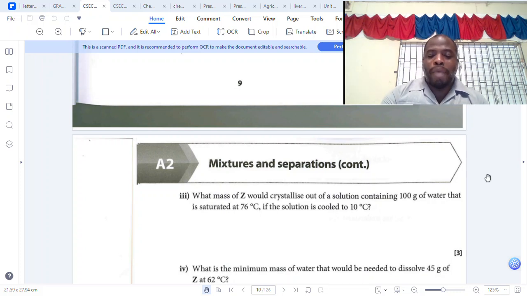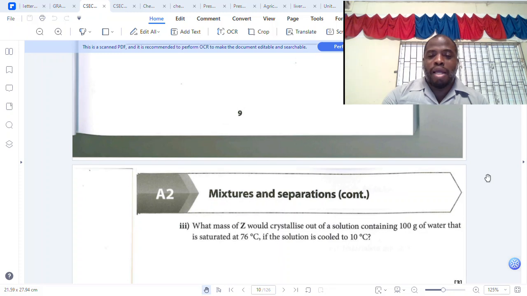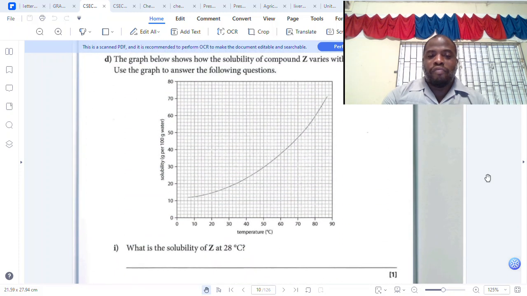So we're going to go back and look at our graph. So for 76 is right here, and we go right up to here.